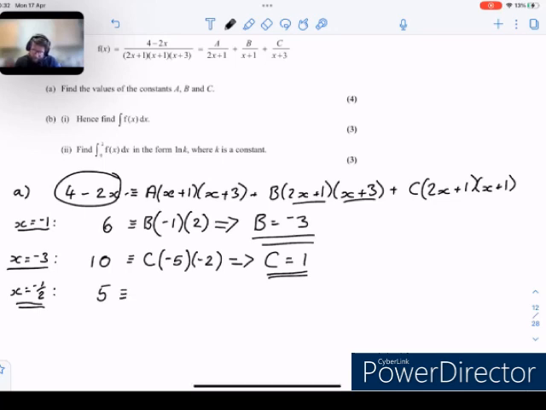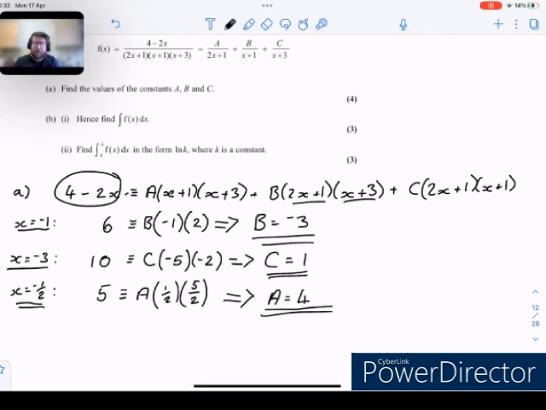And then on the right-hand side, anything with the 2x plus 1 disappears, so we're just left with A times (minus a half plus 1, which is a half) and (minus a half plus 3, which is 5 over 2). Divide both sides by 5, multiply both sides by 4, we get A equals 4.